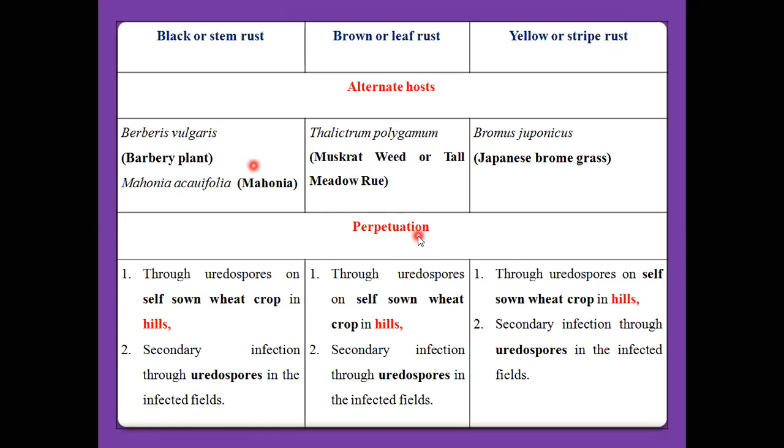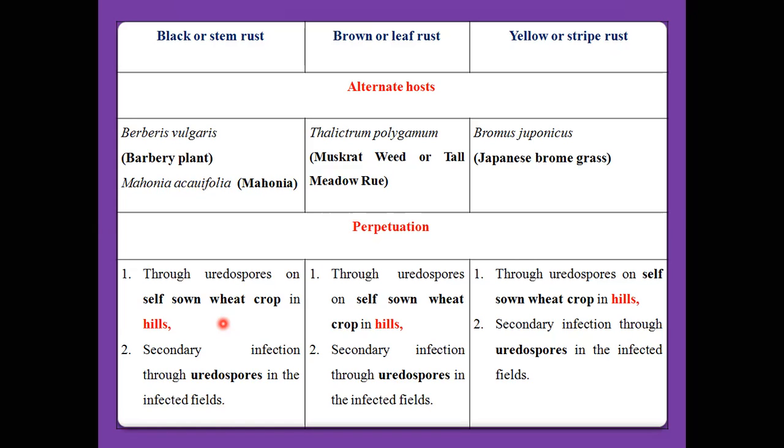Then perpetuation means primary infection and secondary infections. The primary infection is from urediniospores present on the self-sown wheat crop in the hilly areas, because the wheat crop has already been harvested in the plain regions, particularly Maharashtra. The harvesting stage of wheat in Maharashtra is generally in the month of March to April.